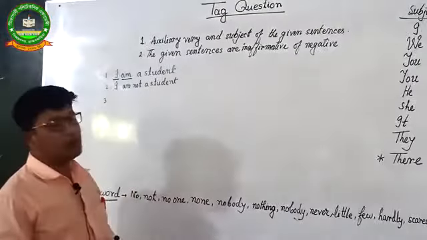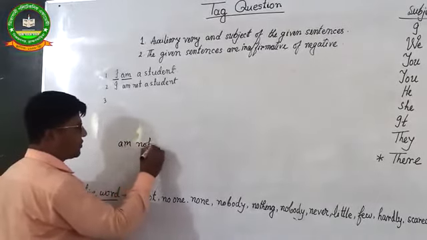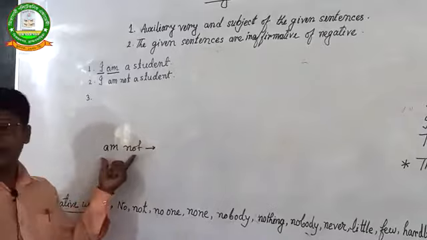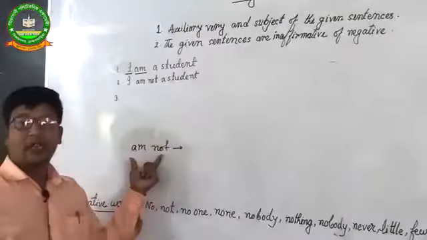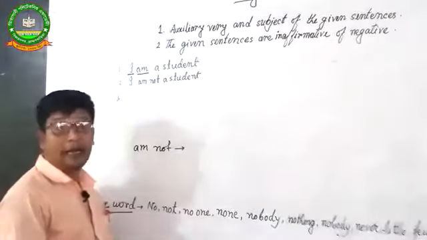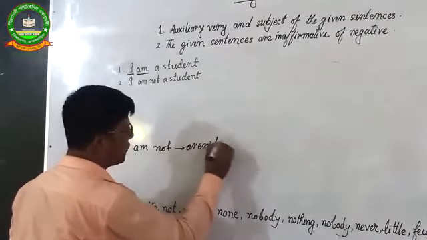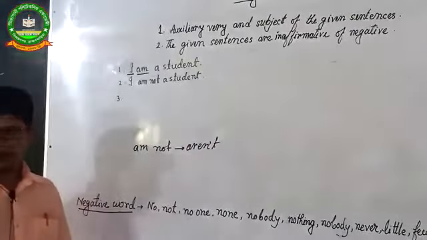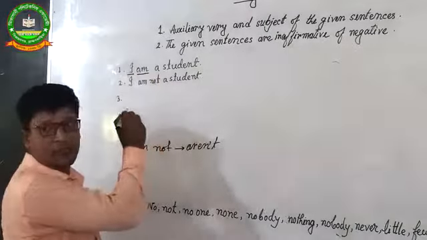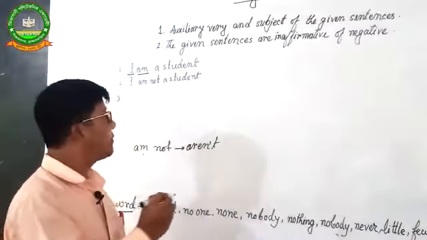The negative form of am not. If we use its short form, we find two forms, ain't or aren't. In modern English, we use aren't as the negative form of am not. This is the modern form we use, not ain't. Here the auxiliary verb is am, this is an affirmative sentence, so the tag question would be negative.